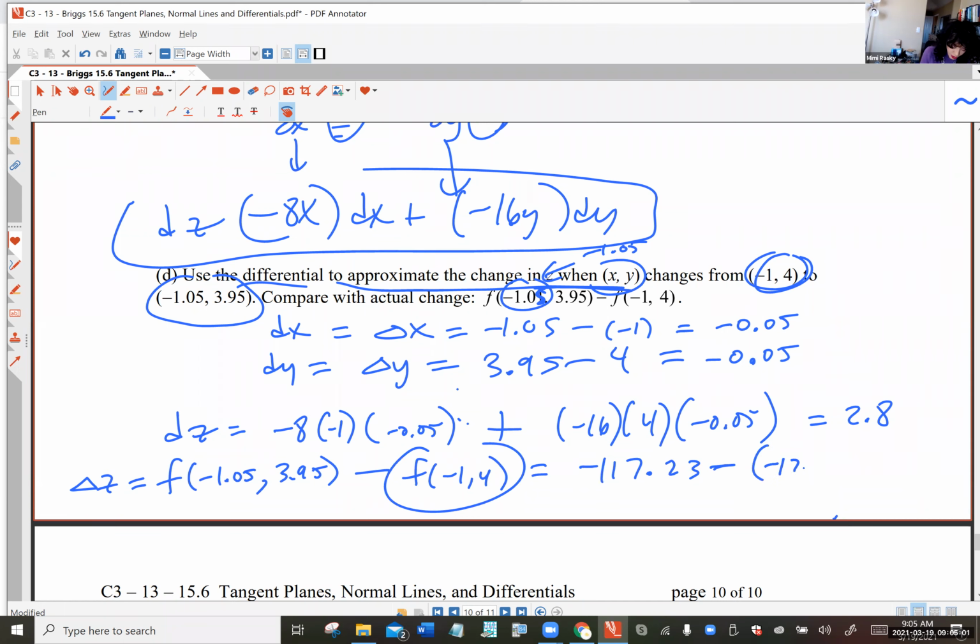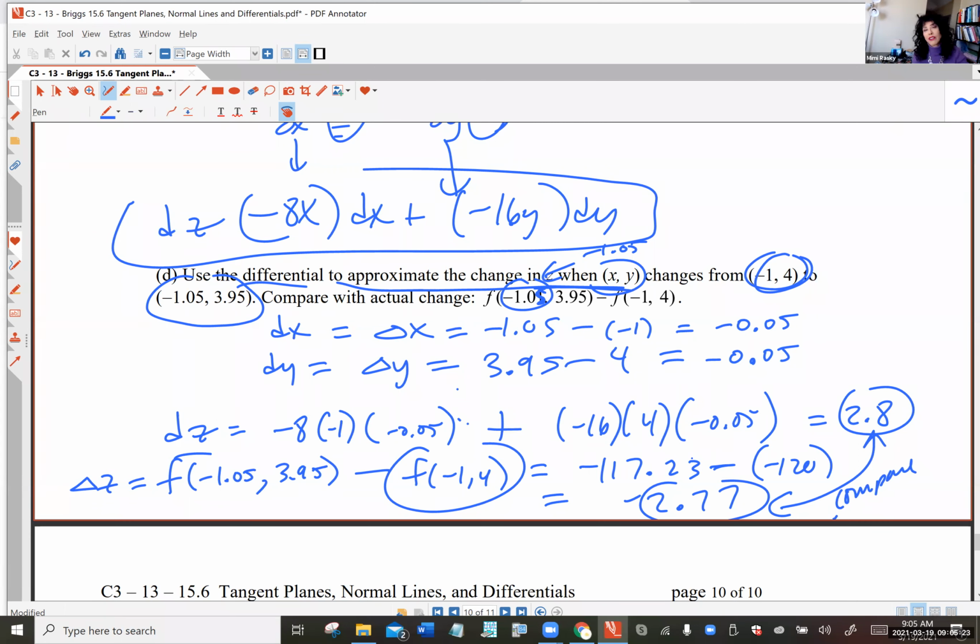So -120. Punch this up in the old calculator. I get 2.77. Okay, now is the time to compare. This is the change in altitude. I used my differential to get the change in altitude, but that's pretty close to the actual change in altitude.